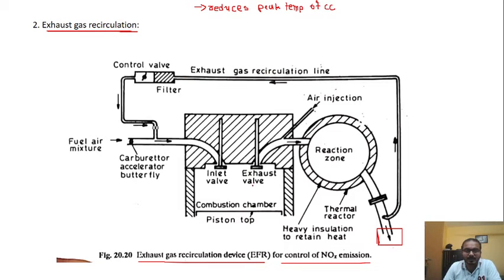First is idle condition, because if the engine is idle, this will create rough operation of the engine. And second is during high speed acceleration, that is when we give full throttle and maximum power is required; in such cases this combination of fuel-air mixture with these gases is not desirable. This will reduce the performance.